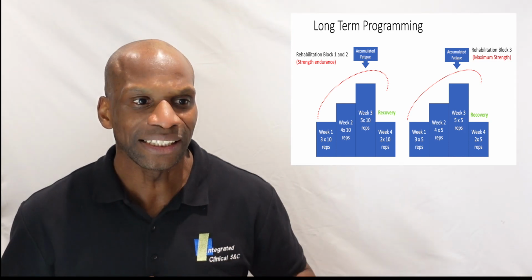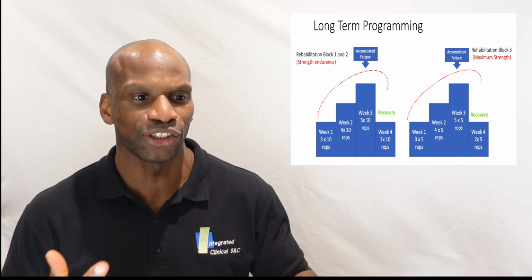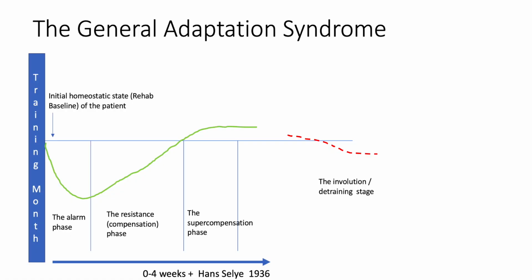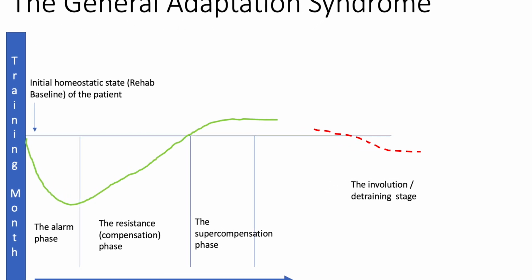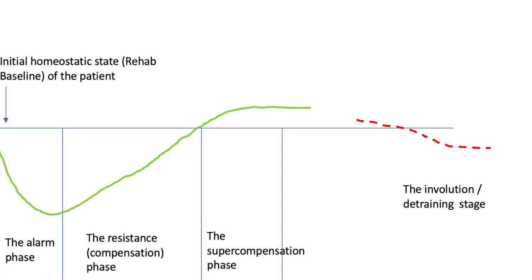The body's physiology and its homeostatic state start to change, taking the patient to a new level of homeostatic performance. They're getting fitter, stronger, more powerful, and their tissues are becoming more resistant and more resilient. That's what we're looking for.